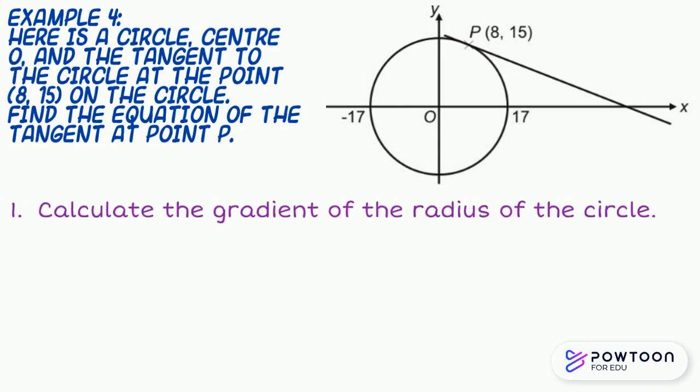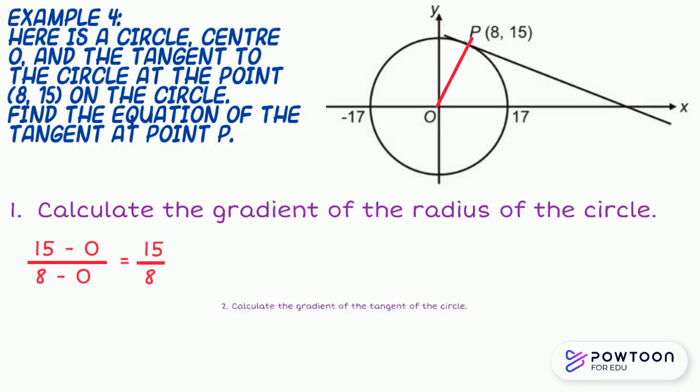So the first step is to calculate the gradient of the radius. Remember that the gradient is just the difference of the y values over the difference of the x values. So in this case, because it's at the origin, it's just going to be 15 minus 0 over 8 minus 0. So our gradient of the radius is 15/8.